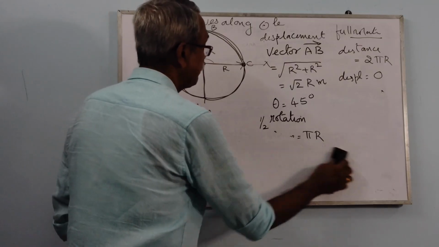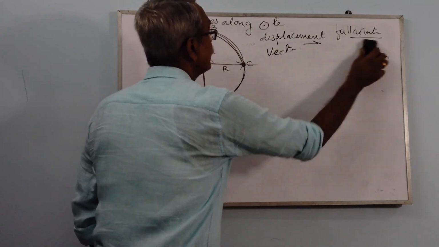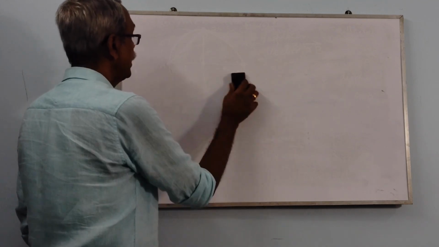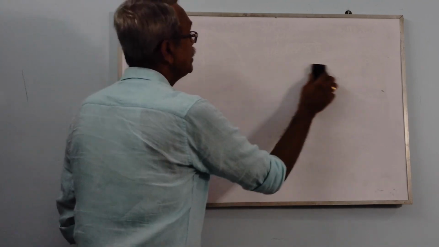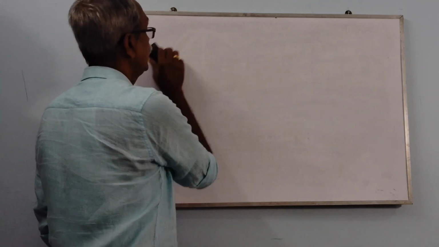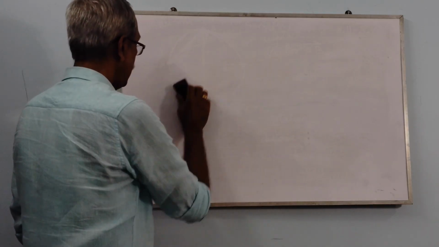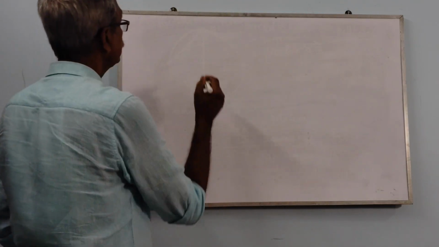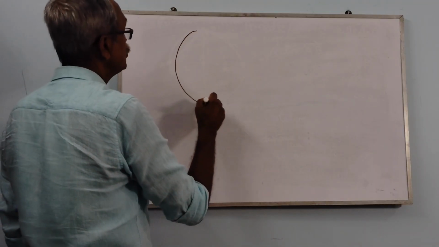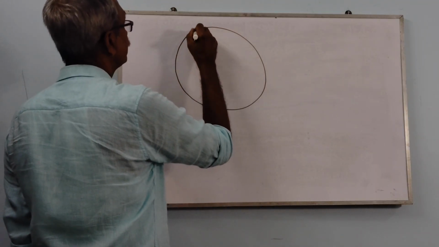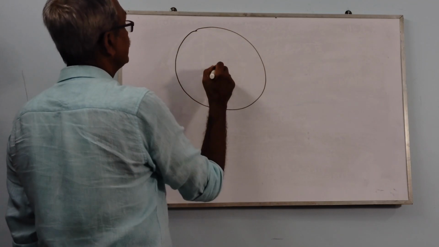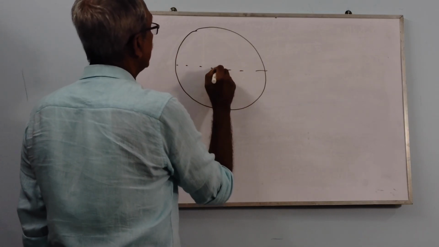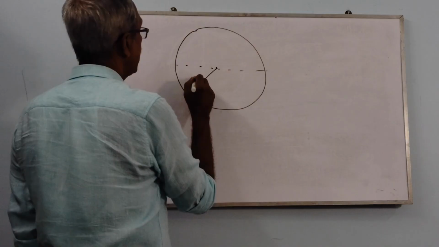This is a pretty simple question, but sometimes the question will be slightly more involved. Instead of giving the trivial half rotation, quarter rotation, etc., sometimes the question will be like this. A particle, this is the center, this is the radius, and radius is taken to be r.